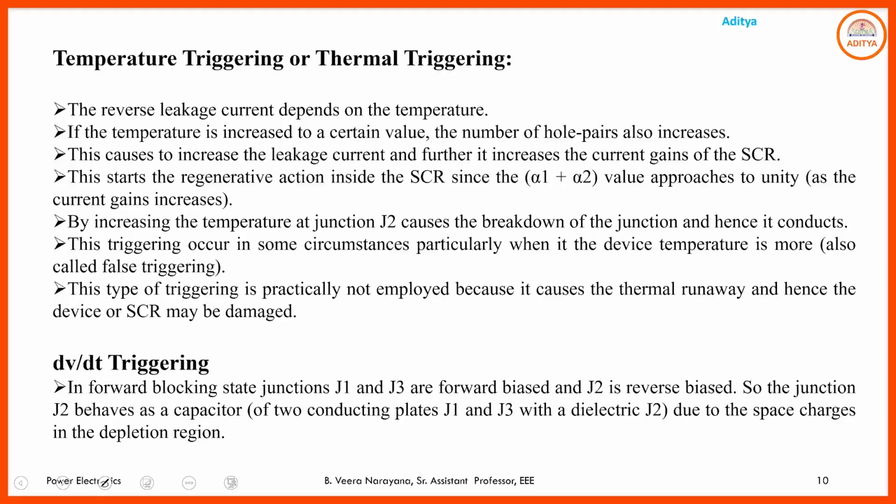And the next one, temperature triggering or thermal triggering. Here the reverse leakage current depends on the temperature.